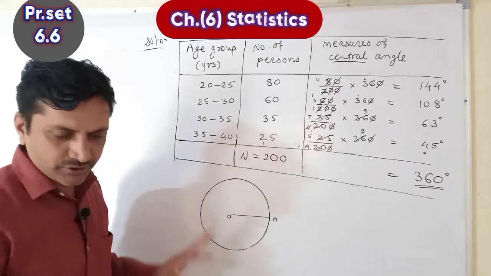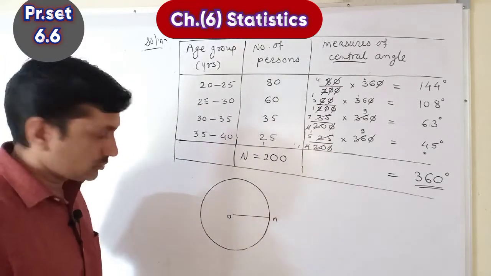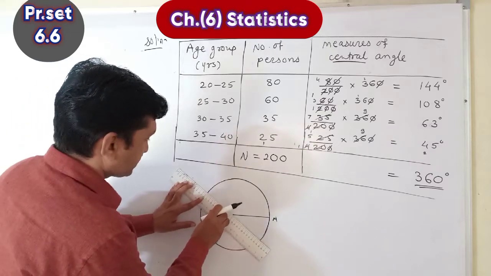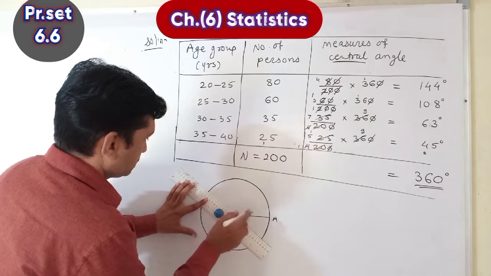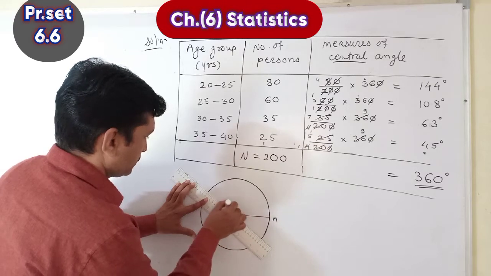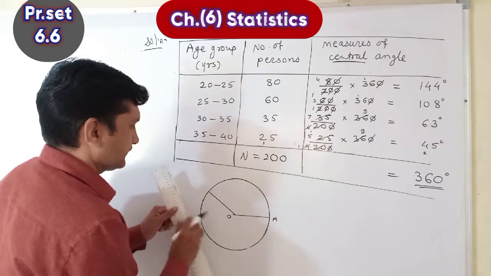I first plot the point and draw a radius. Don't go out of the circle. Draw till radius only.